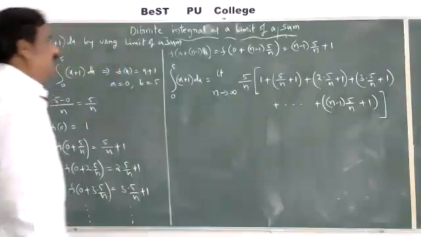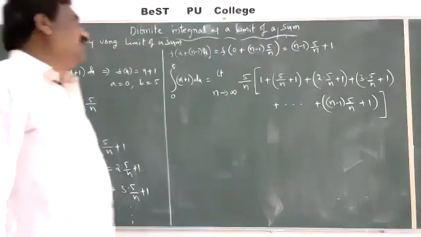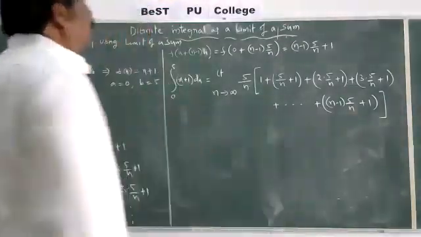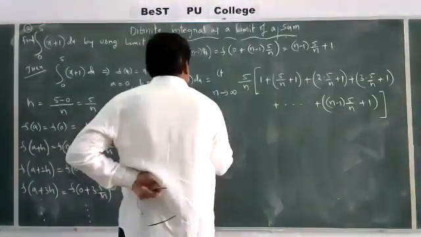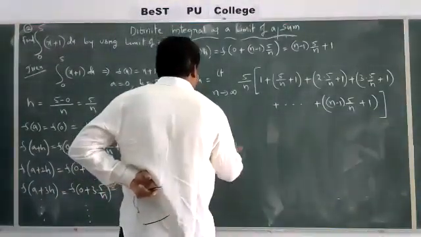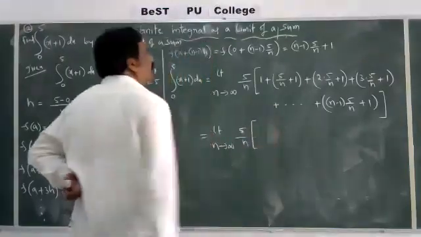That is h into f of a plus f of a plus h, plus f of a plus 2h, plus f of a plus 3h, and so on, f of a plus n minus 1 into h. That is equal to limit n tends to infinity 5 by n in the bracket. Observe this.